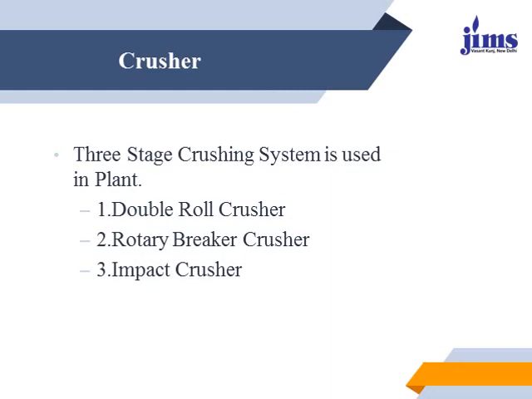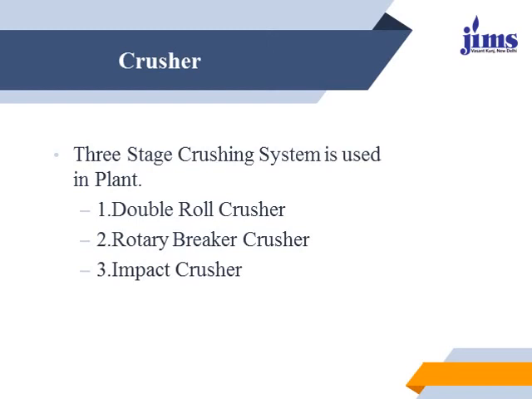The choice of the crusher depends upon the type of the plant, meaning the capacity of the plant, meaning the quantity of coal required to be used in the plant. So we can use a double roll crusher, a rotary breaker crusher, or an impact crusher, and sometimes a combination of these.